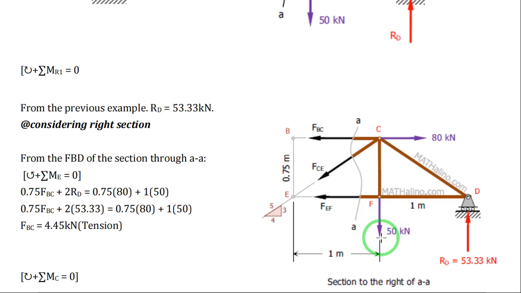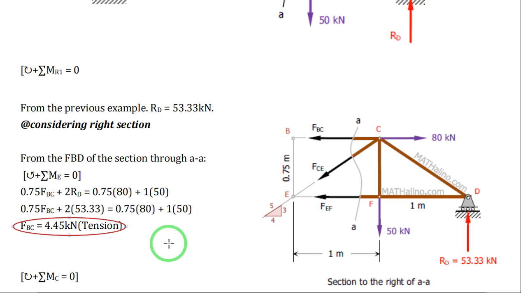The 50 will also create a clockwise moment about point A. Substituting the value of RD, which is 53.33, you have FBC equals 4.45 kilonewton, which is in tension. Again, we have arrived with a positive answer, meaning our assumption that FBC is in tension is correct. So the value of FBC is 4.45 kilonewton tension.